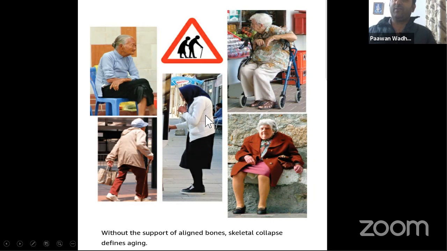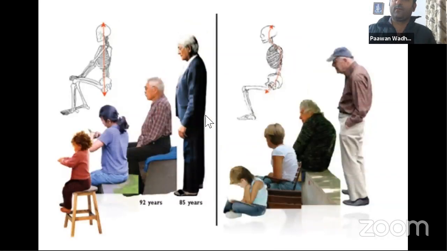So whether after the age of 50 I will be looking aged or not will depend on how my alignment to the spinal axis is. This is a 92-year-old man, 85-year-old, proper alignment, and look at them, no alignment.